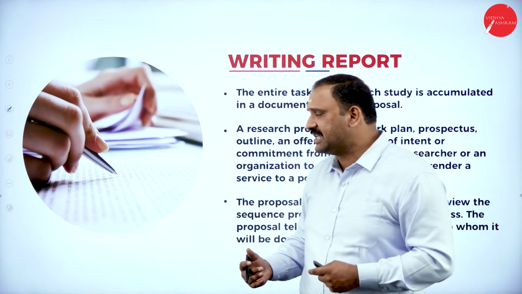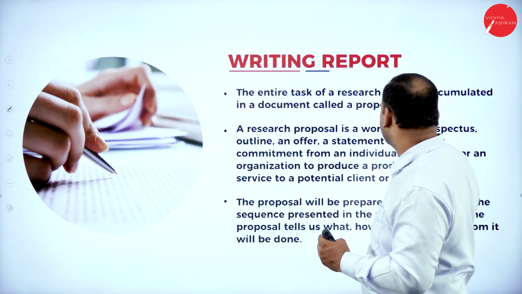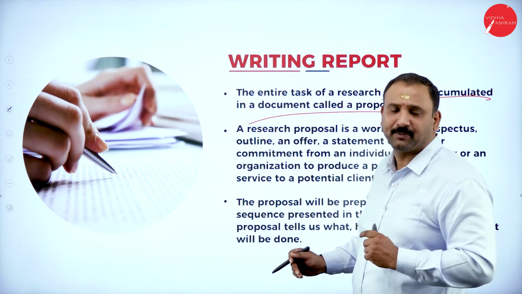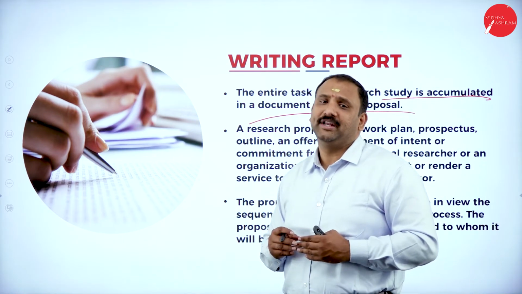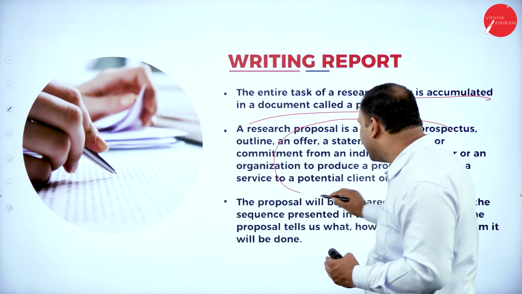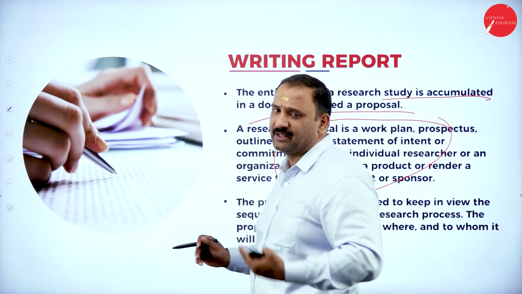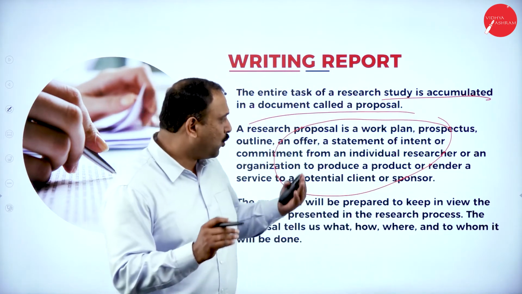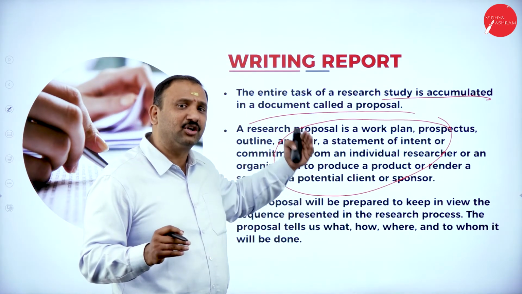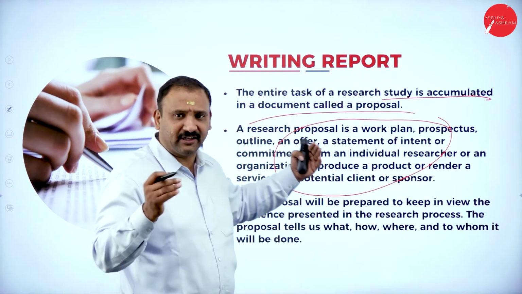Now, the next thing is the writing of the report. The entire task of the research study is accumulated in writing a document called the proposal. So the proposal forms a very, very important stage. A research proposal is like a work plan or a prospectus, an outline which is going to tell the people and the organization in the world what the individual researcher has done in order to bring in a qualitative study of what has happened in a particular time period.